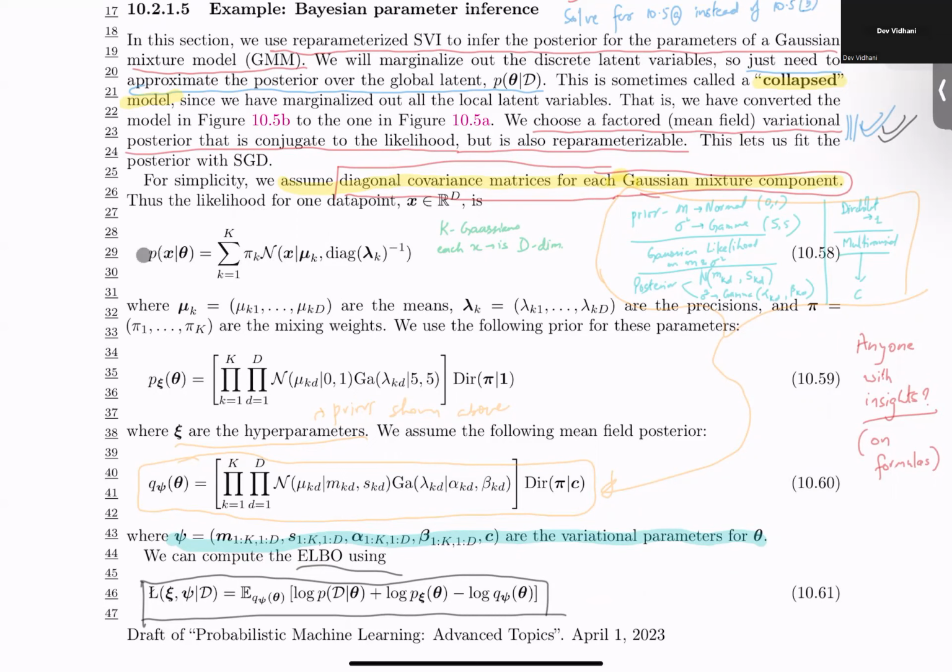So the total probability is based on each of the individual data points' probability. And in this case, they are going one step at a time. They're first doing the probability for the cluster, and then they further go down for the probability of each of the data points here.